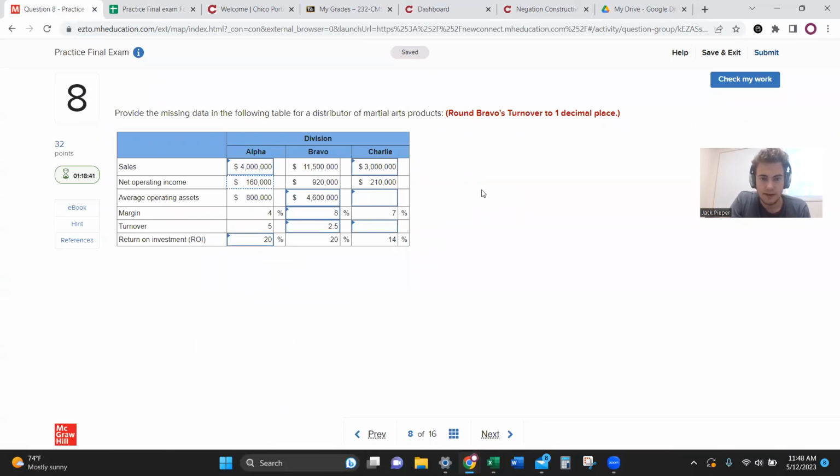Okay. And then if we have our sales and we have our net operating income, we can get our margin. Trying to think what I can do here.